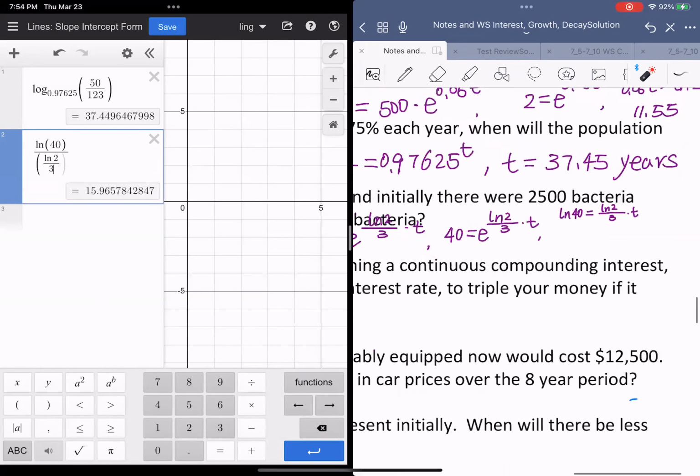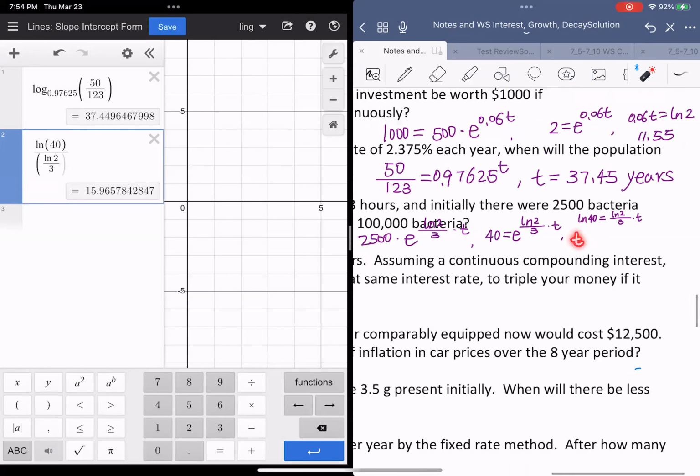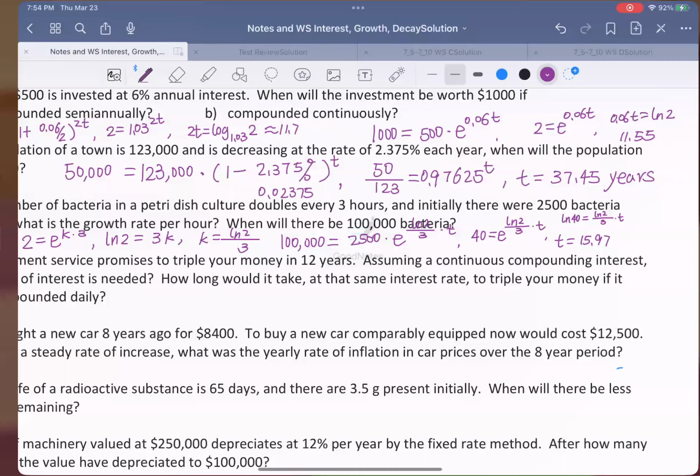That means the amount of time is 15.97 hours.